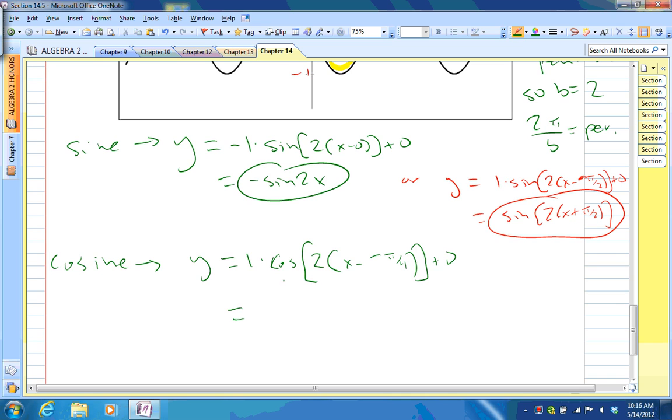So in this case, it will be a cosine of 2x plus pi over 4, and that would get you your answer for that one.